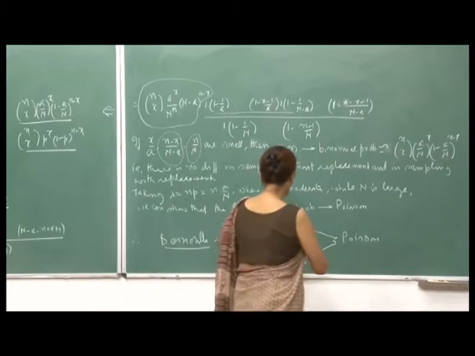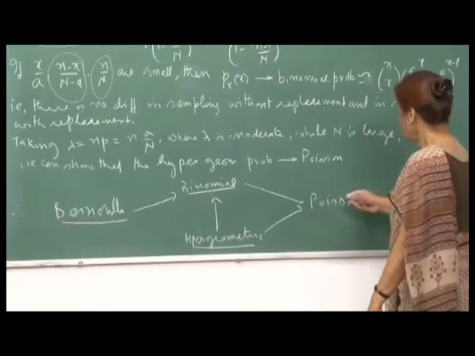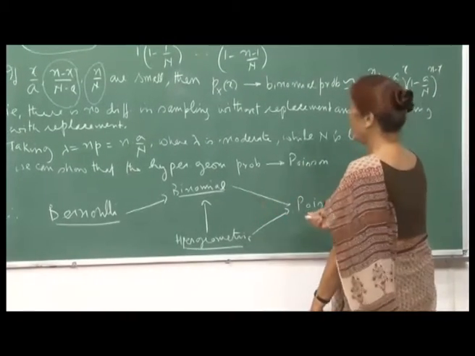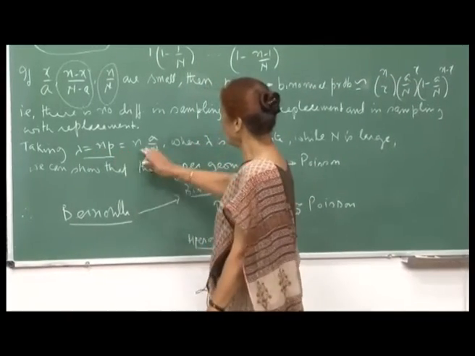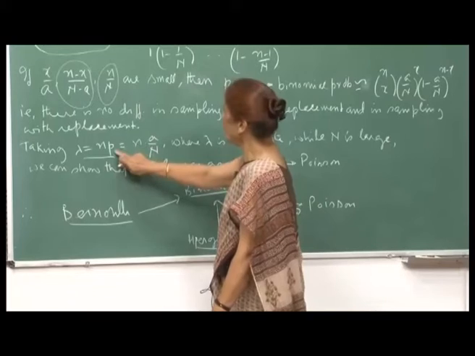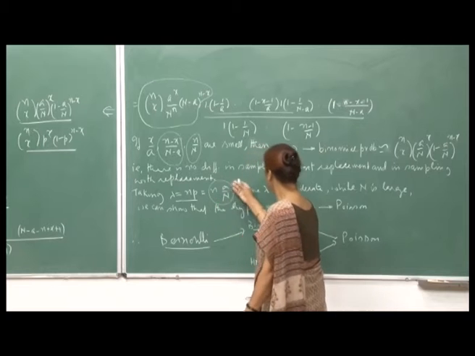And I have already shown you that binomial can be approximated by Poisson, where we were saying the same thing, that this should be small. So, in this case n into p, where p is a by capital N, this number should be moderately small.